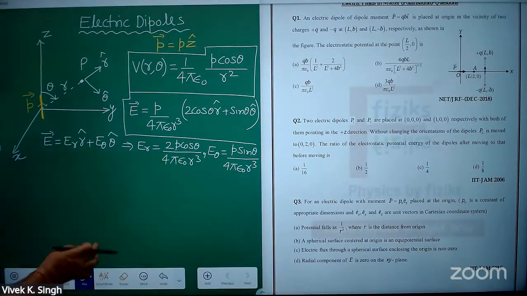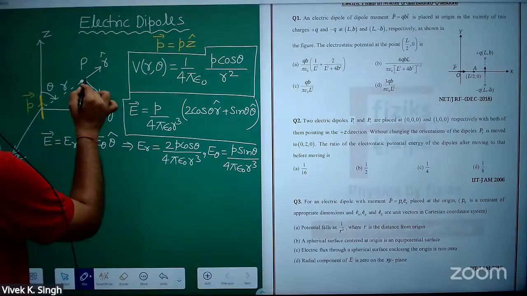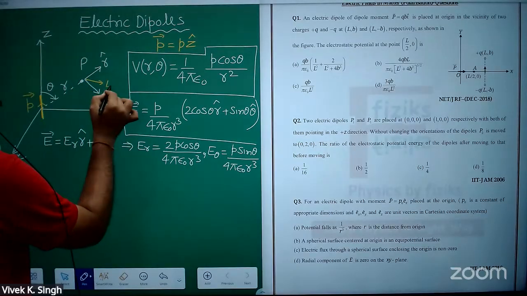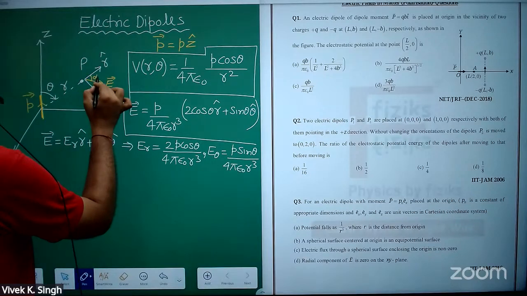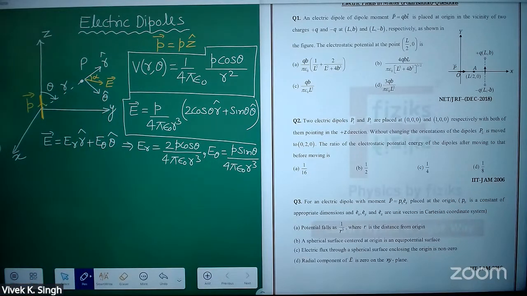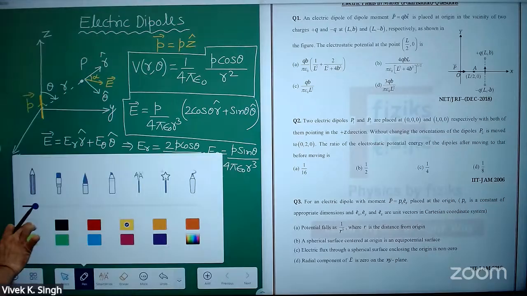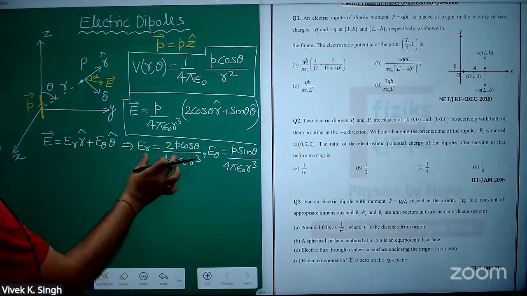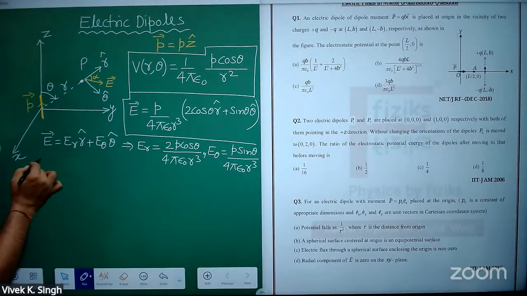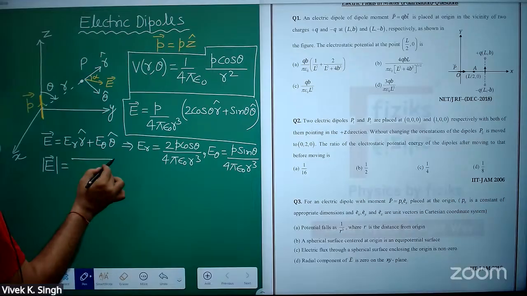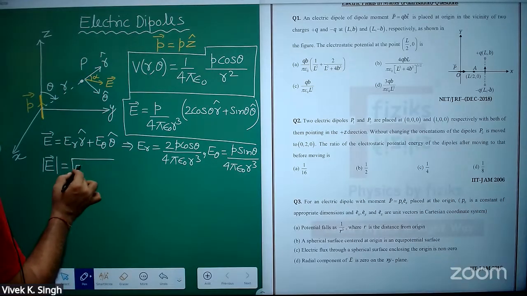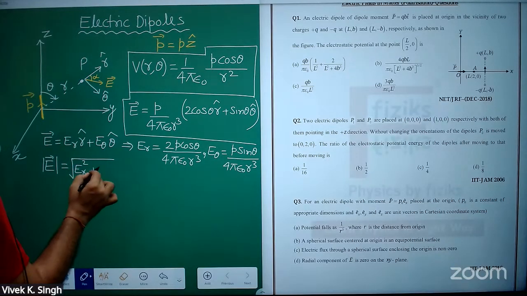Now let's see the resultant of E. This is the resultant field E, which makes an angle alpha with r cap. So what will be the magnitude of the field at that point? Magnitude of field is under root E_r square plus E theta square.